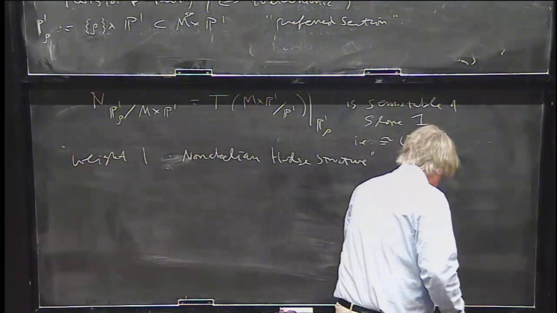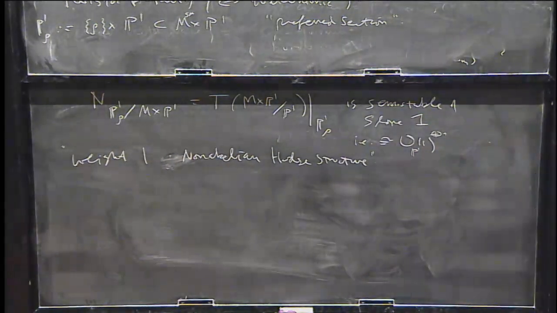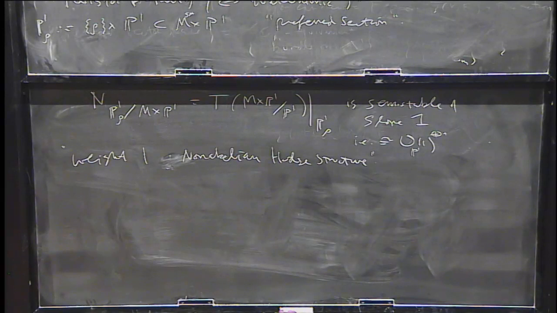It's actually an immediate corollary for the smooth points that the family of completed local rings has a mixed twistor structure. This is again an exercise.